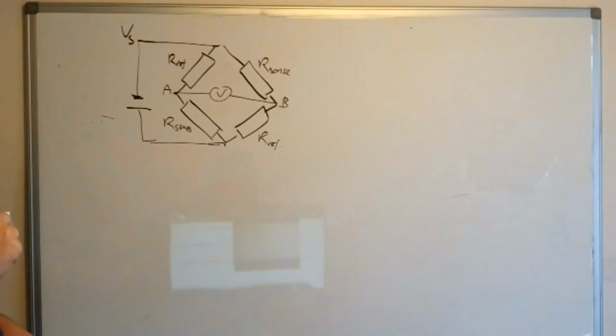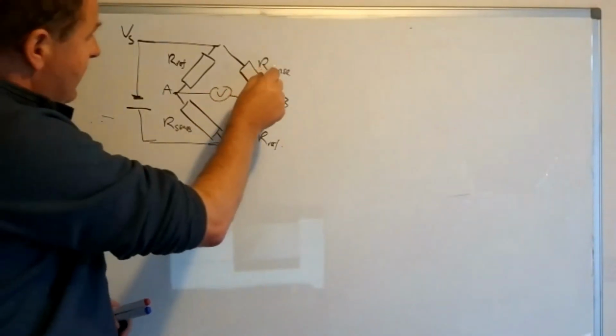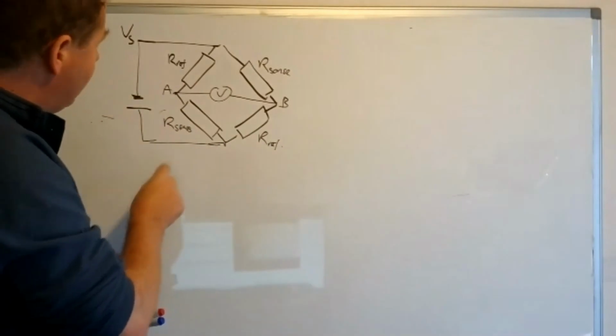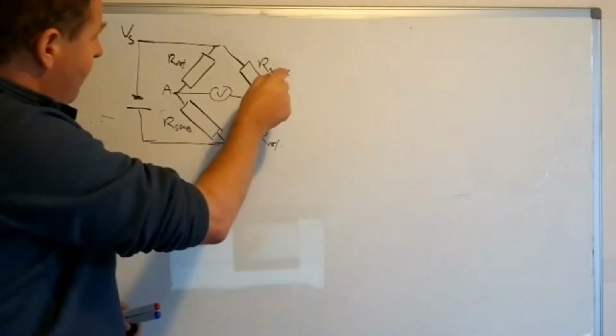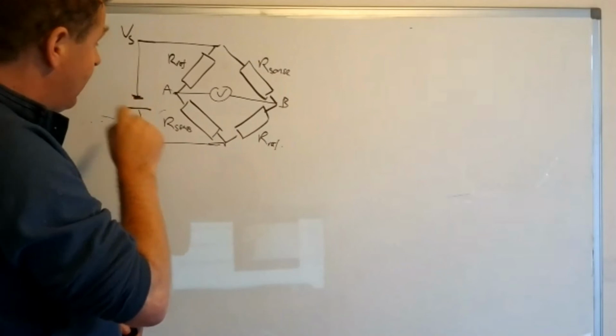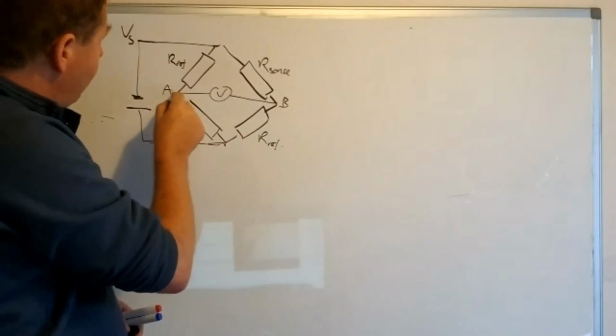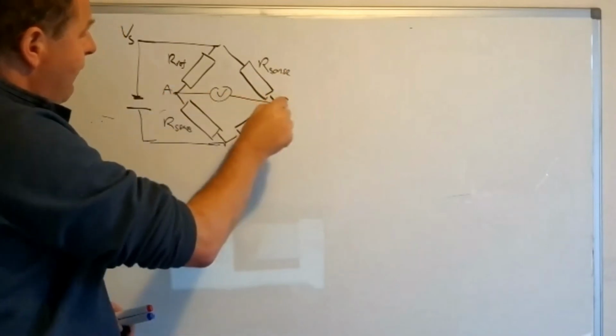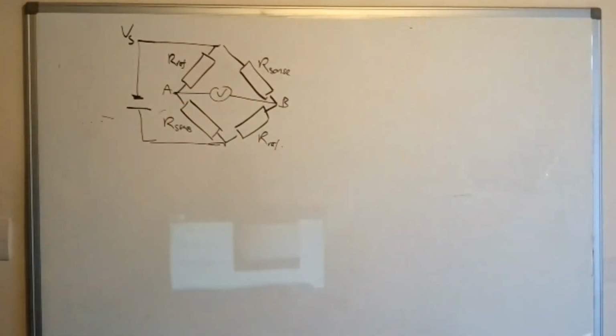Then when we change the resistance of the sensor resistors here and here, say these resistors have reduced their resistance, then this voltage here is going to drop, and this voltage here is going to rise, and we're going to get a difference from A to B. So we can actually work out how it's going to work.